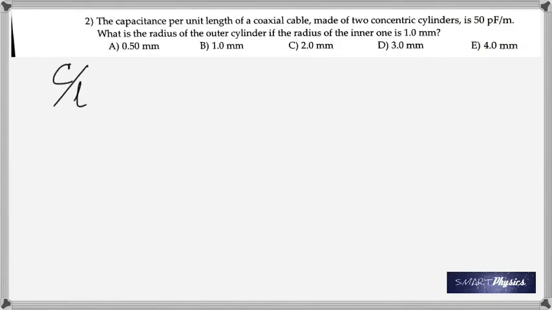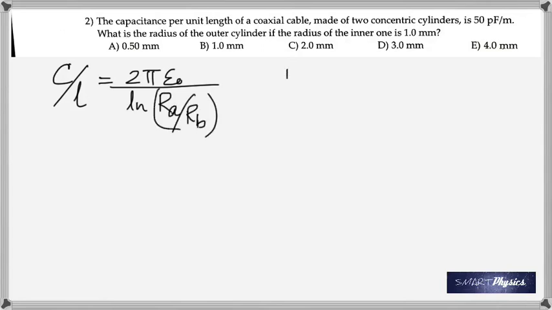Question number 2, the capacitance per unit length of a coaxial cable, it's again made of two concentric cylinders, is 50 picofarads per meter. Now this time it's the capacitance per length, so it's C over L. So that is 2 pi epsilon naught over natural log Ra by Rb.